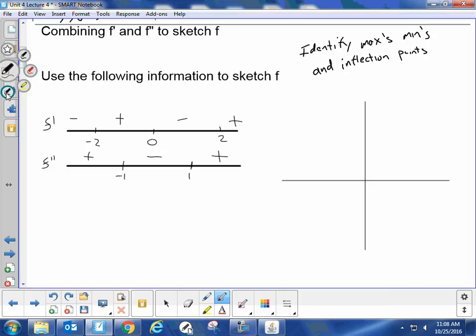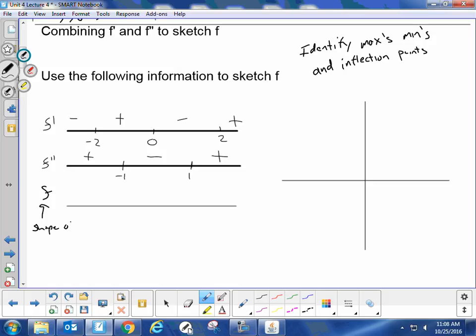And what we're going to do is add a third line, and this third line will give us the shape of f. Okay, I'll give you a second to copy down the signs of my first derivative and second derivative, and then to create a third number line for the shape of f.